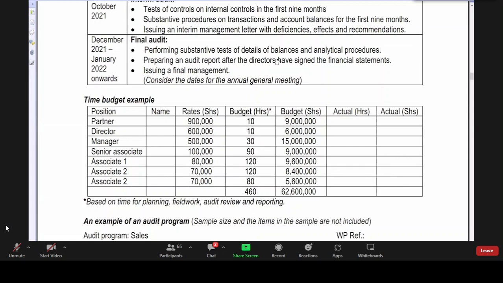The higher you go, the more money you get. But all of us have been there. That's where you start, and then you eventually go up to the level of a partner.